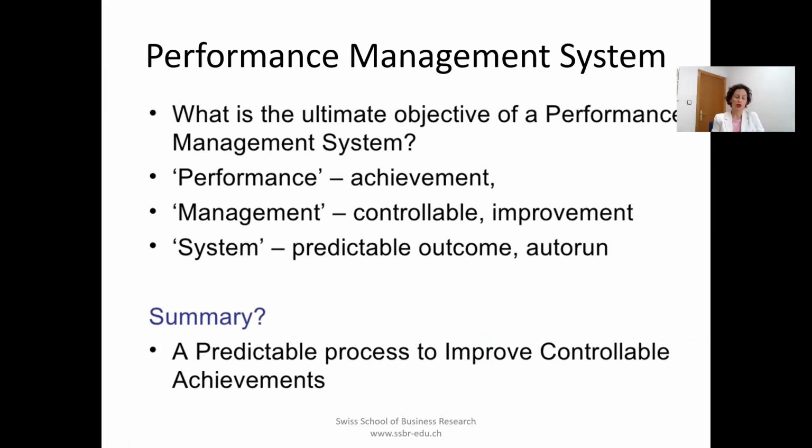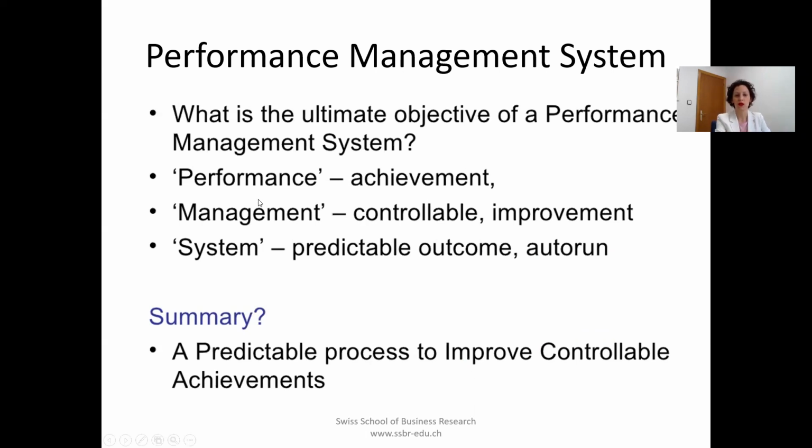Well, in simpler terms, basically, it's the system that the HR department uses in order to appraise or evaluate the workforce's performance. The ultimate objective of a performance management system is to ensure that the workforce is achieving the goals that the company has set for itself.